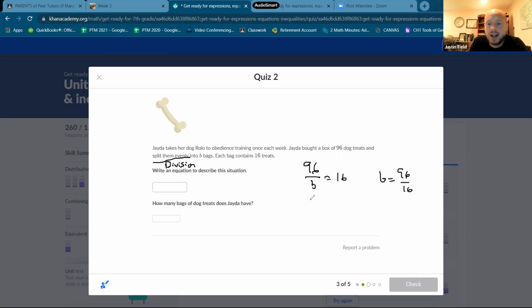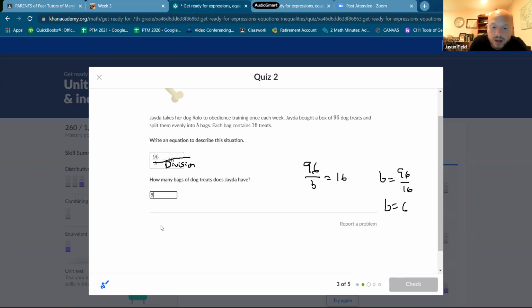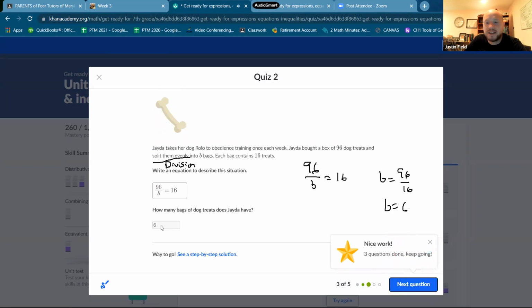So in order to figure that out, we just divide 96 by 16, which is 6. So b equals 6. So again, I don't know which equation they want, but I'm going to write this one and then see if I get it. And I know the answer, 6. Hey, I got it that time. All right.